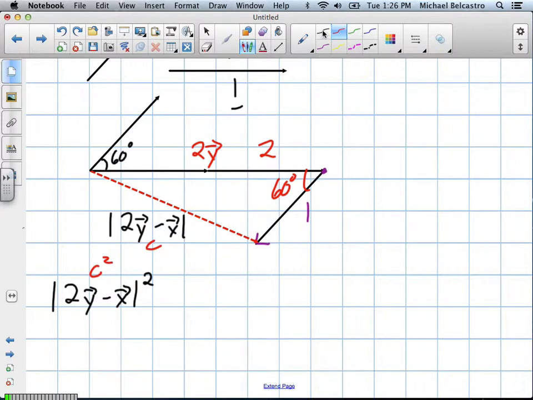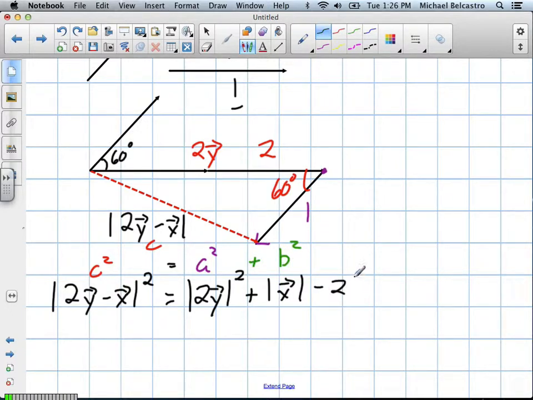C squared is equal to what's usually known as A squared. In this case, we're just going to call A our 2y. So the magnitude of 2y, squared, plus the magnitude of vector x, which is usually known as B squared, minus 2 times scalar 2y times scalar x times cos of this angle here.